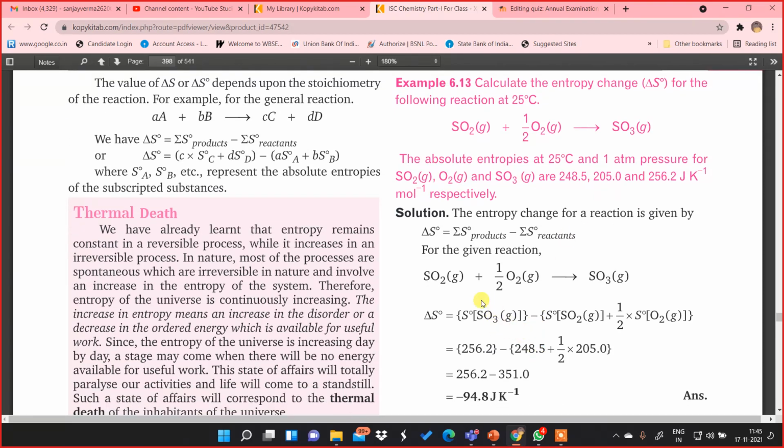If you put the values, SO3 is 256.2 minus 248.5, plus half of oxygen, because the stoichiometric coefficient is half. Then simplify this, we get 256.2 minus 351, we're getting negative.